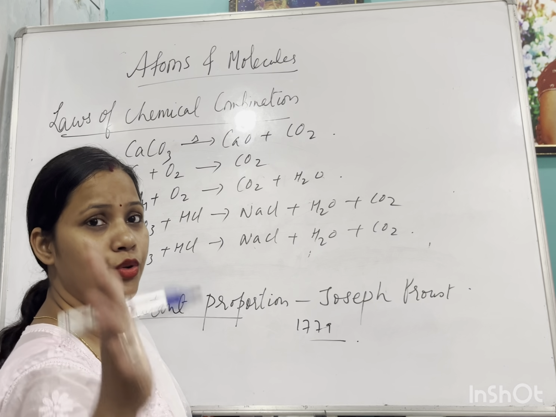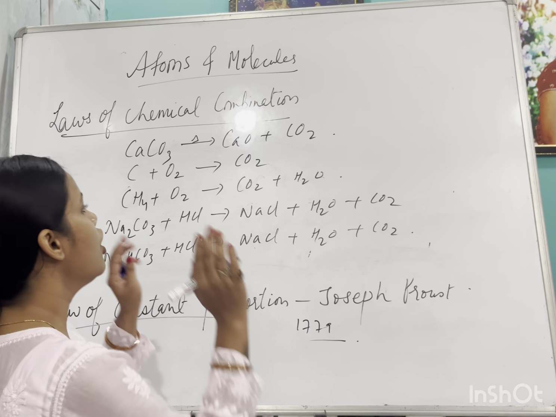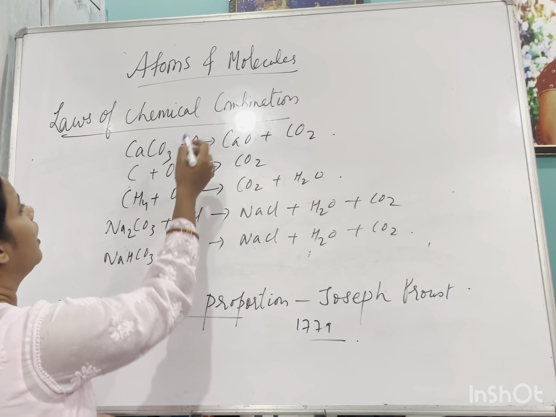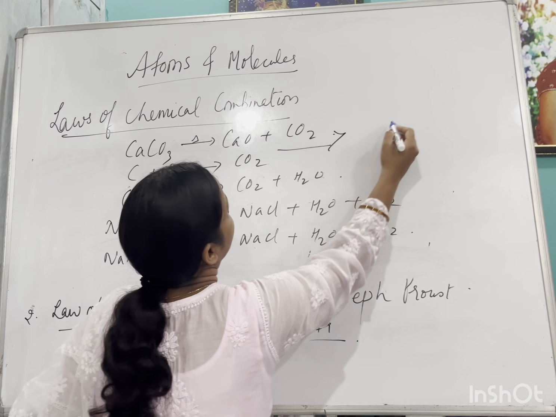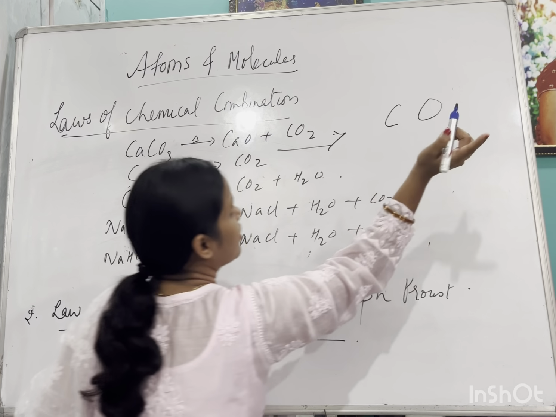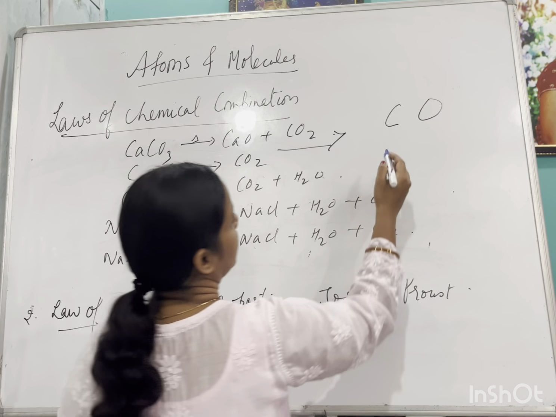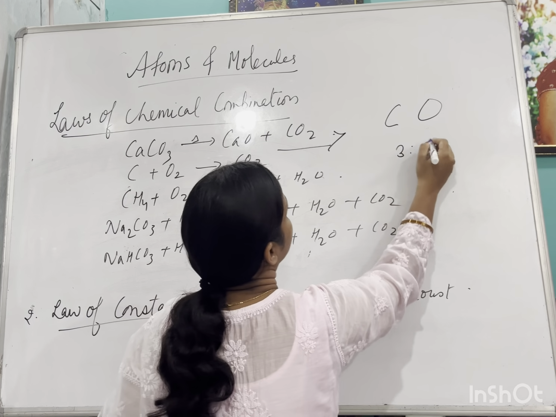I have given you 5 different reactions for the formation of carbon dioxide. Whenever carbon dioxide is formed, it will always contain carbon and oxygen atoms, 1 carbon and 2 oxygen atoms, present in the fixed ratio of 3:8.